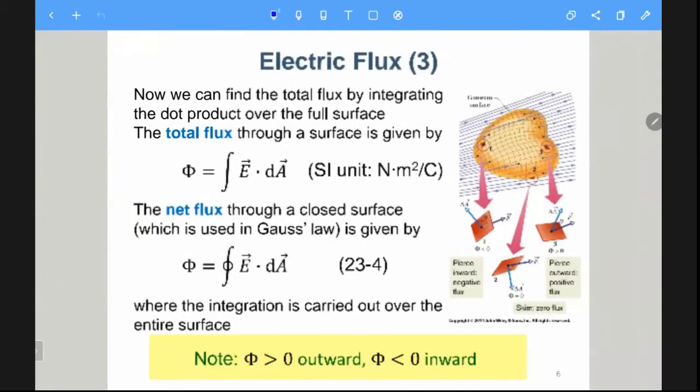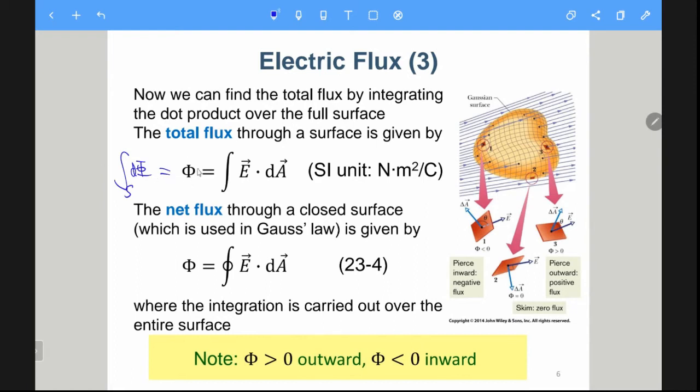Okay, so now, as much as we have defined it, we can just integrate it. It is the integration of d phi over a surface.